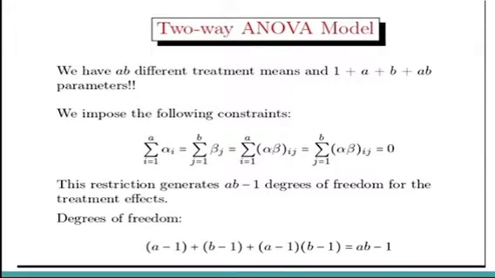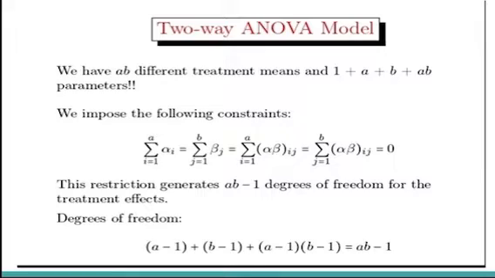In the two-way ANOVA, we believe that the sum of the effects, whether the main effect or the interaction, has to be equal to 0. Take a look at that. The sum of alpha i, the sum of beta j, the sum of alpha ij, whether I sum over the range of levels of factor A or B, has to be equal to 0. And of course, I also need to determine the degrees of freedom.